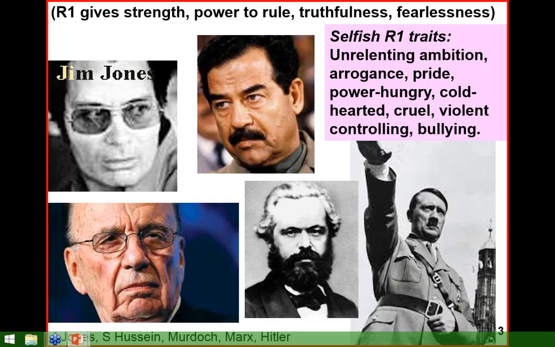And of course, every dictator in the world has probably a first-ray personality. So two examples I've given on the screen. First is Hitler, and we have Saddam Hussein. These people just get up into the front of their people, their countries, their political parties, and take over parties by the force of their personality.